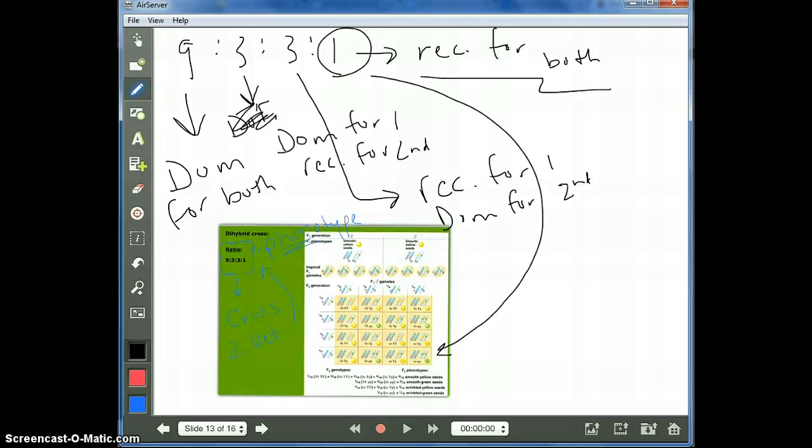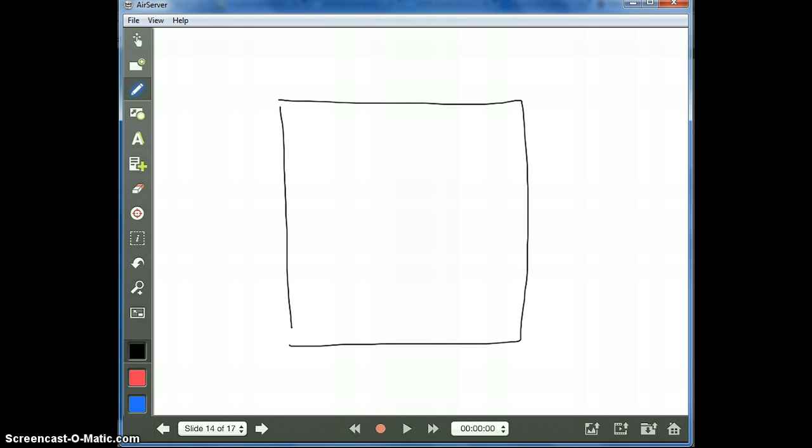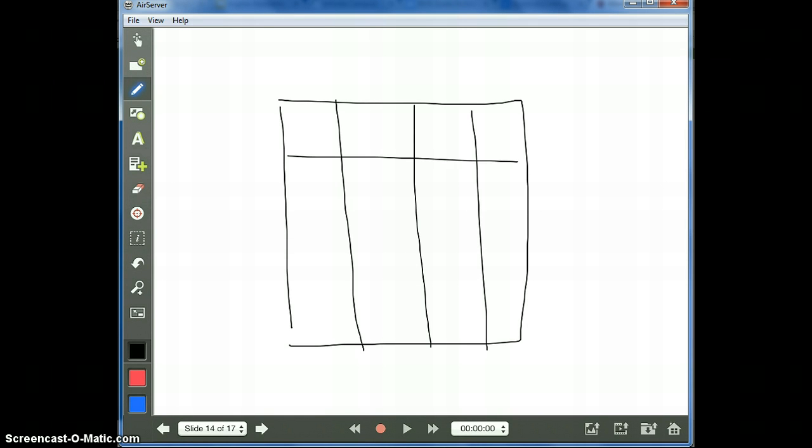Now, in terms of writing that out, let's give ourselves our own little square. I'm going to grab ourselves a new slide quick. And if we look at a Punnett square, we're drawing one out. Okay, now that we have this one drawn out, we're going to take a look at our combinations. Now, remember from the slide we had before, we already figured out what our possible combinations were.